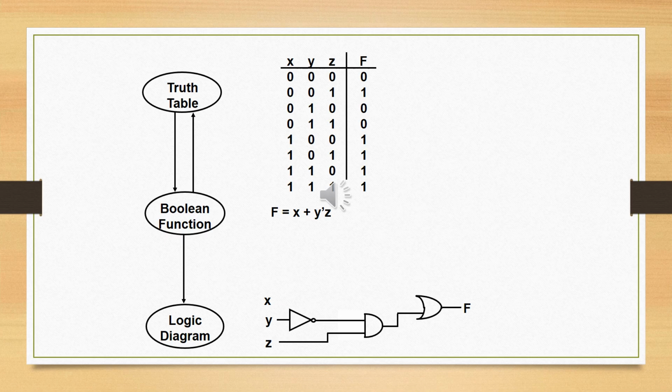After that, we can draw the logic diagram using different logic gates. So these are the steps involved in Boolean algebra. First we define the relationship between input and output. Next we derive the logical expression from this truth table, and using a K-map we can derive the logical expression. After that we can draw the logic diagram of that logic expression using logic gates.